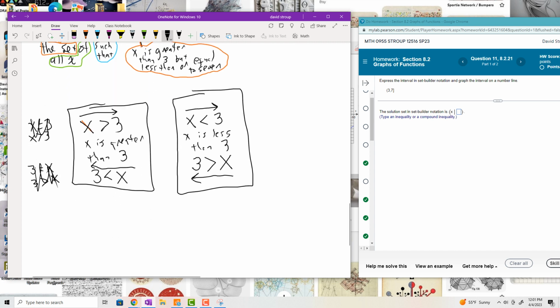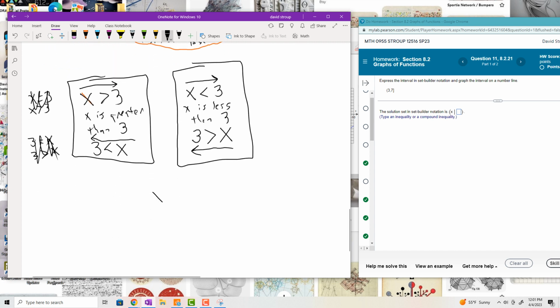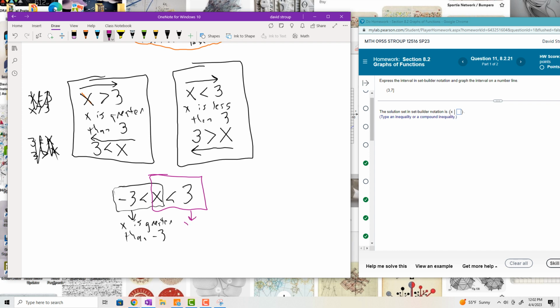So if we put it all together, we have x greater than, let's say, -3, but less than 3. Okay, so this portion says x is greater than -3, and this portion says that x is less than 3.